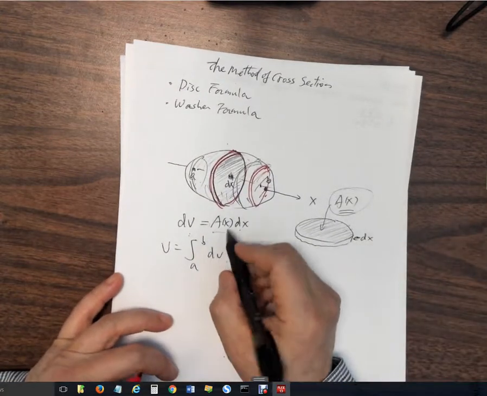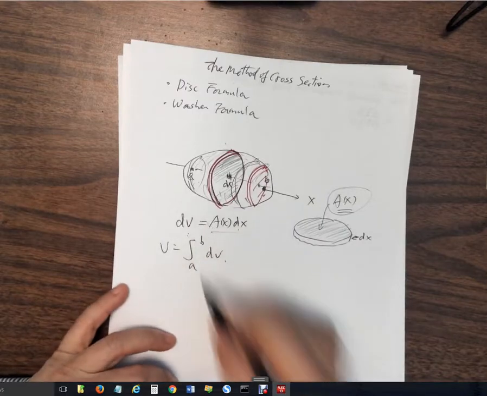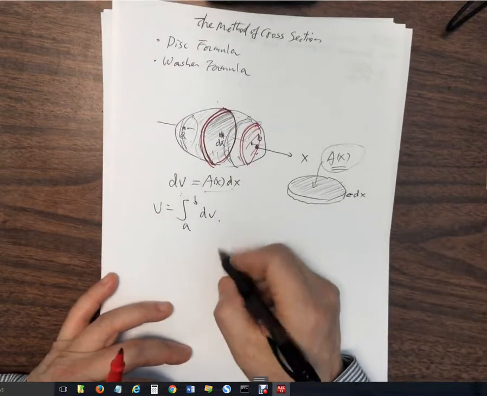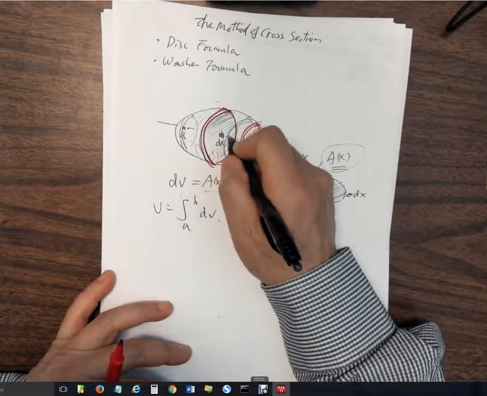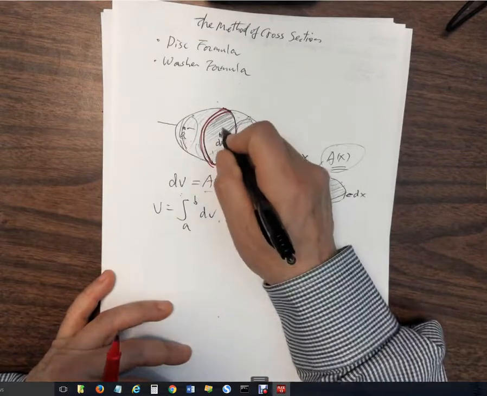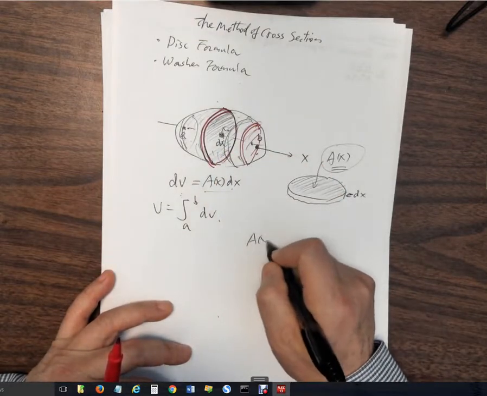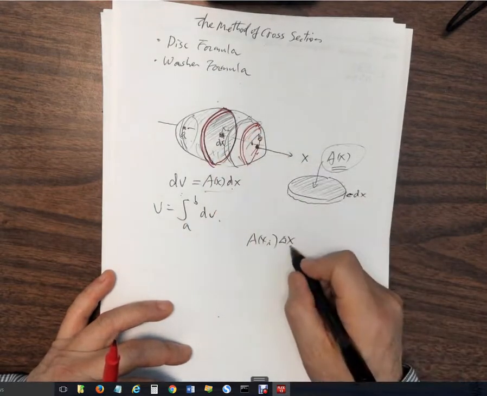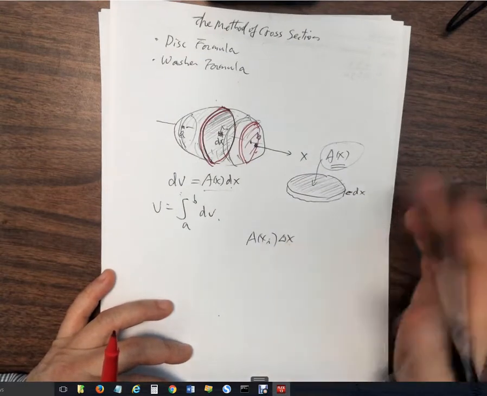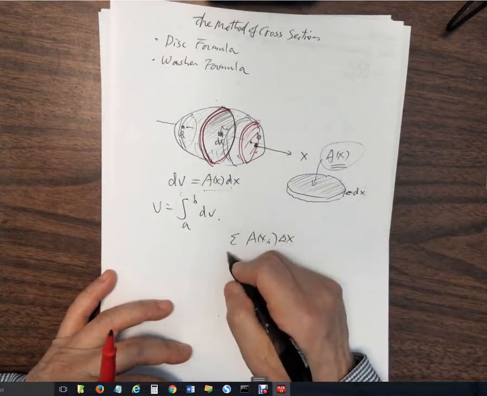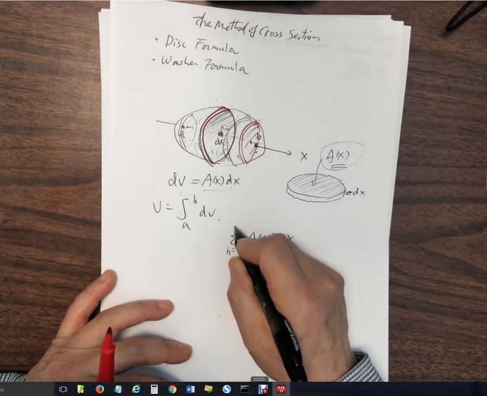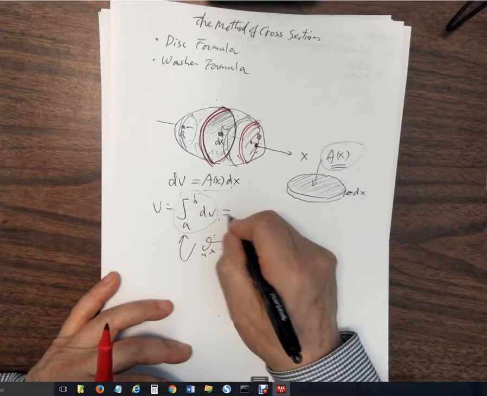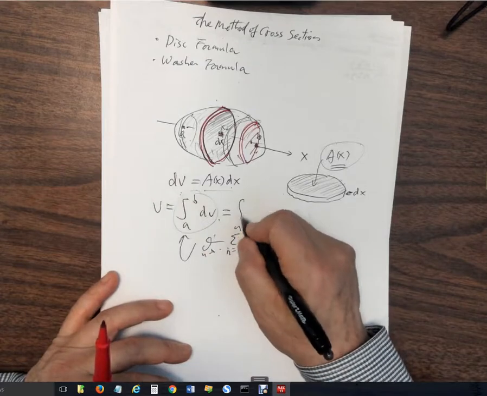So this is how we come up with the definite integral. But with the details, we would really go through the old Riemann sum approach. Say at this x sub i, we calculate A of x sub i if we can, and then multiply by the delta x thickness, which is b minus a over n, with n slices, i from 1 to n. Let's send n to infinity, and that's how we come up with the definite integral notation.